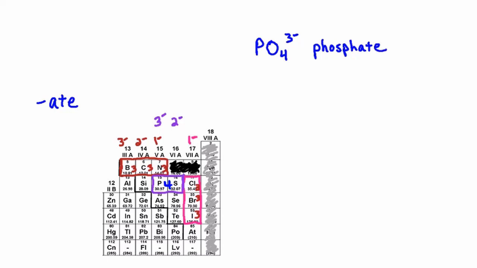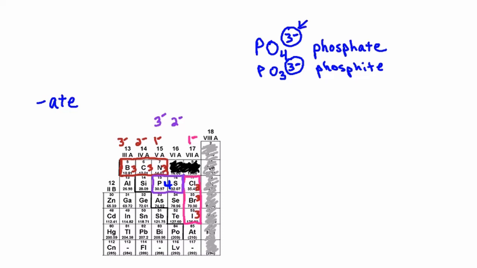And here's the thing about the charges. Whether you have phosphate, phosphite, because you took away an oxygen, or whatever, these charges are still going to stay the same. And so no matter how many oxygens you have with this phosphorus, the charge is still going to stay -3.